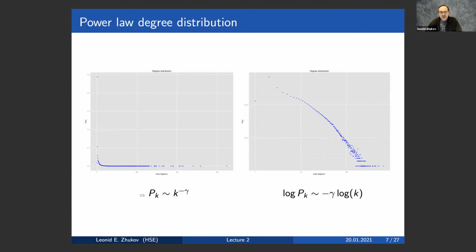But for this type of distribution, what you do is take the logarithm. If it is a pure power law, and as we discussed previously, power law means the node degree to some power, and the power here is minus gamma, then if you take the logarithm of that, it's going to be a straight line when plotted against the logarithm of the degree of the node.